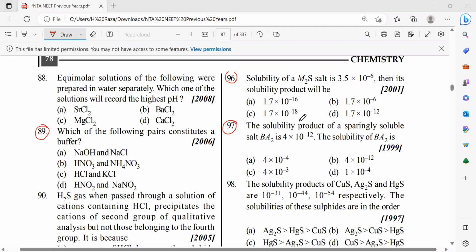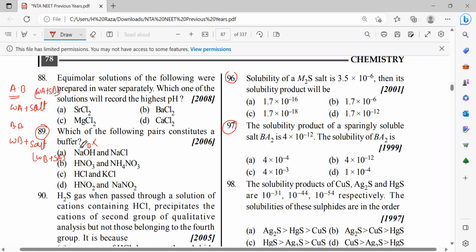It's the wrong answer, Samara. See, this is your strong base, which is wrong. In a buffer solution, if it is an acidic buffer, then you have a weak acid plus a salt of a weak acid and a strong base. This is the formula. And if you are going for a basic buffer, then weak base plus salt, and this salt comes from a weak base and a strong acid.